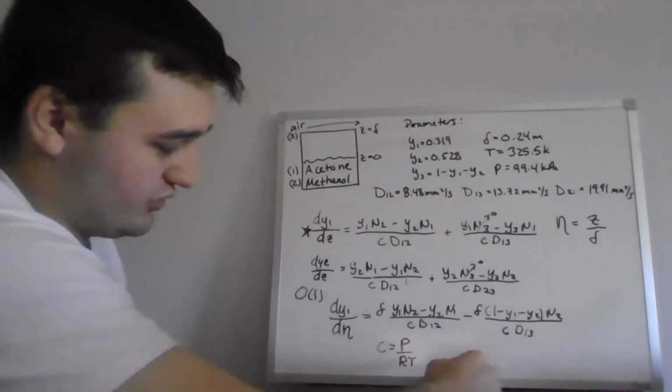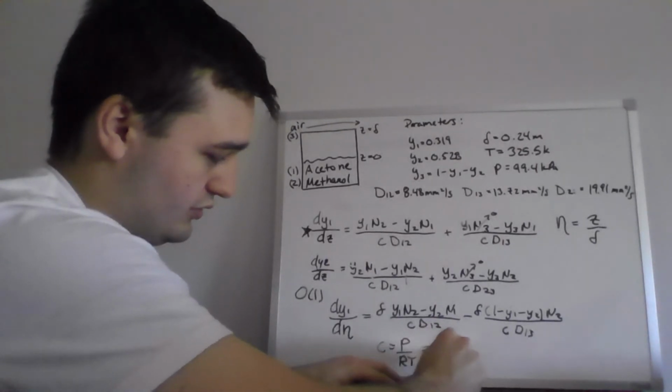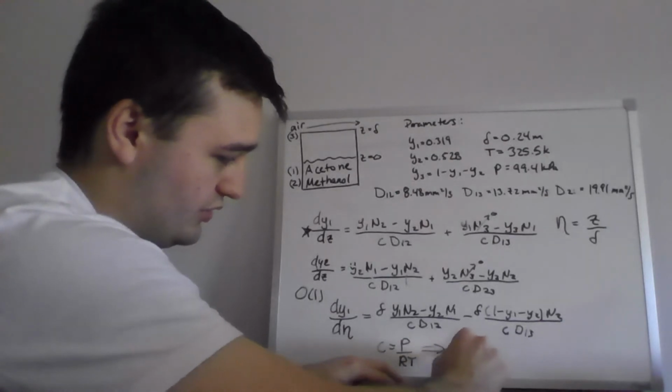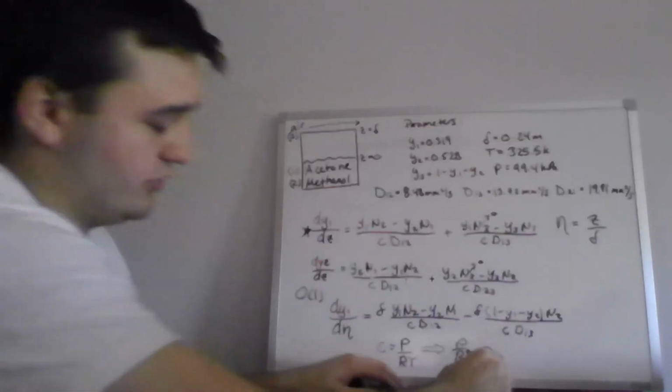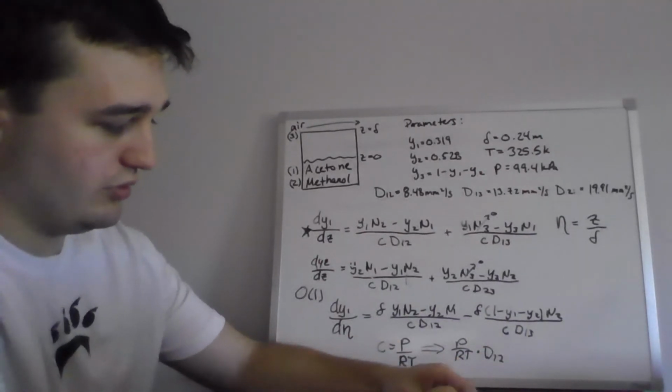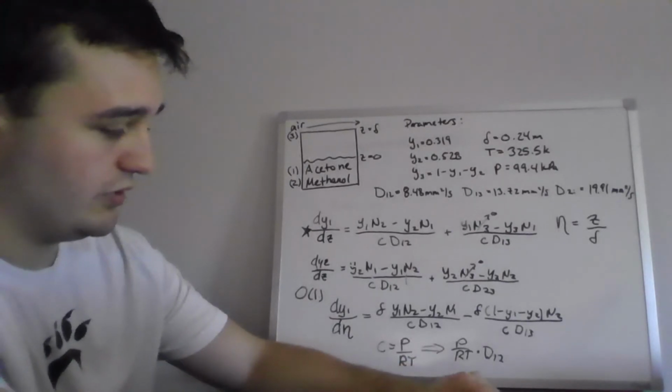So this replaces concentration in this equation, and we say P over RT times the Stefan-Maxwell diffusion coefficient on the bottom.